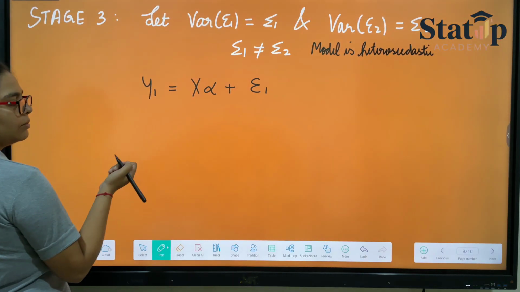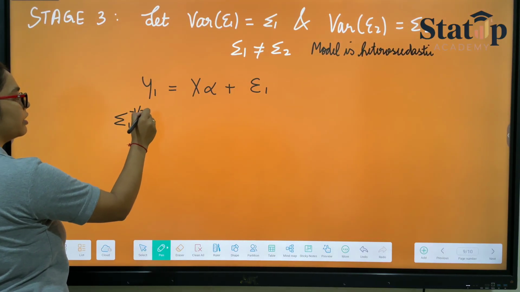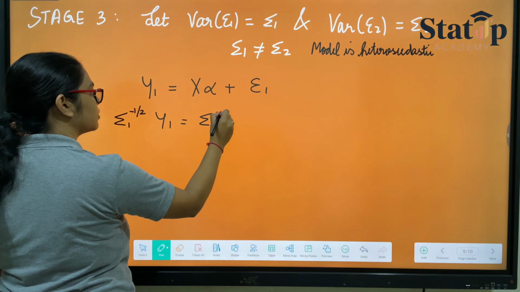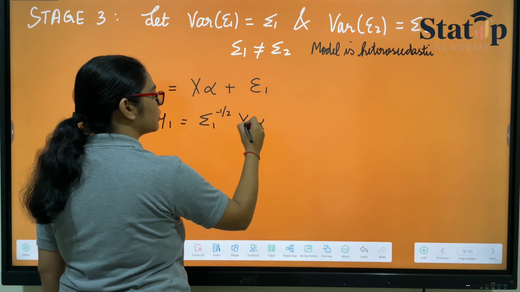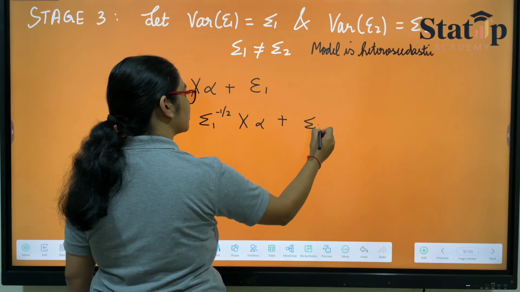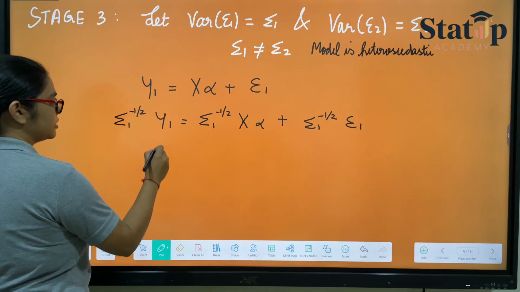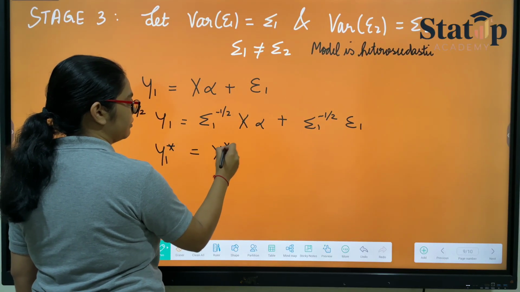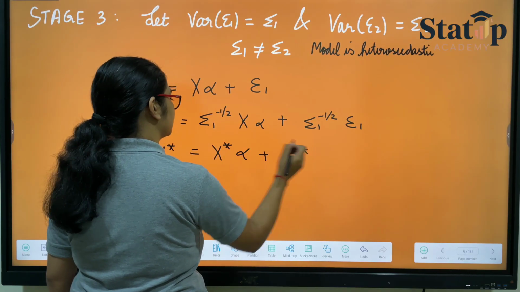Now we will pre-multiply this with sigma 1 raised to the power minus 1 by 2. This becomes y1 star, this becomes x star alpha, and this becomes epsilon 1 star.